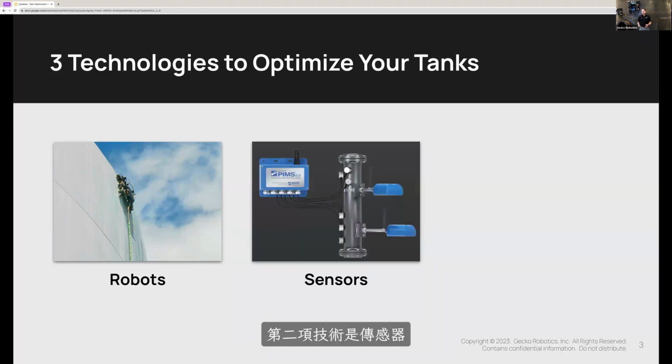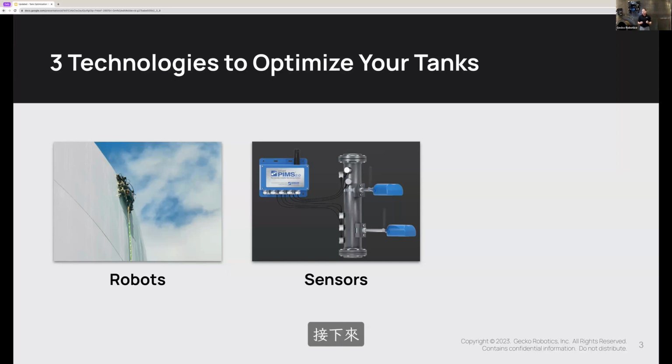The second ingredient is sensors. Once the robot has detected the hotspots or the problem areas on your tank, we can stick continuous corrosion monitoring sensors directly on those hotspots to keep an eye on things, and those sensors will trigger maintenance at exactly the right time.